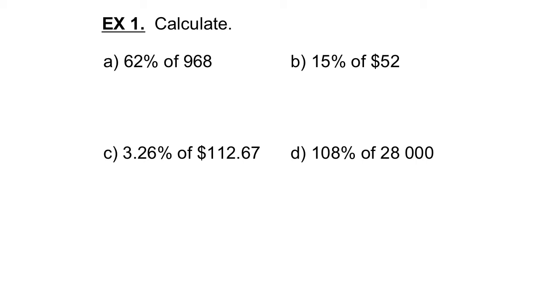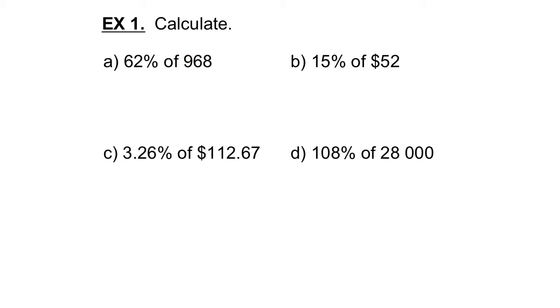But you've got to think about it. If it's 62% of this, well, it's not 100%. It's less than that, so it should be a smaller number. So you can catch yourself that way if you're making a mistake. We know it should be smaller than 968.